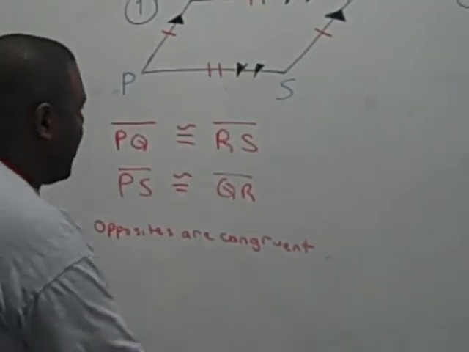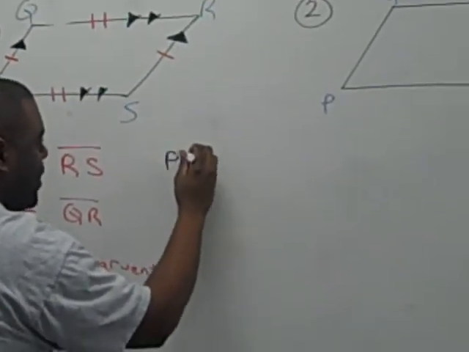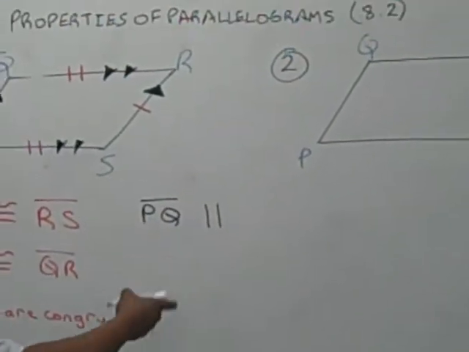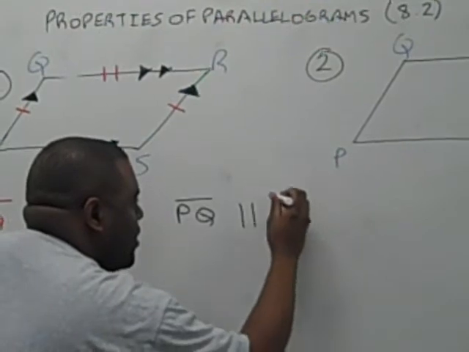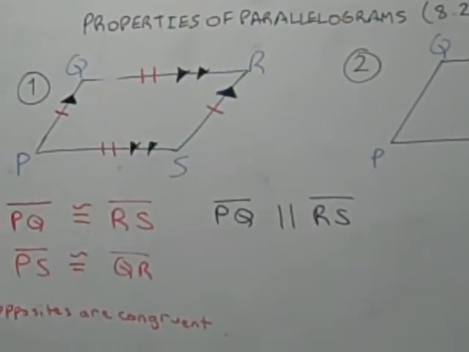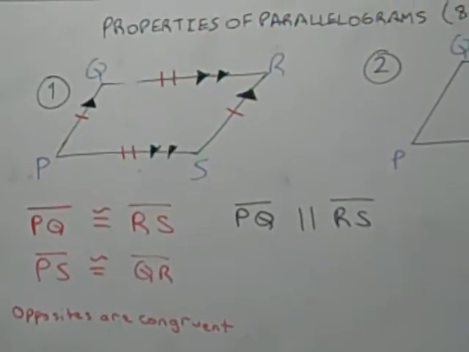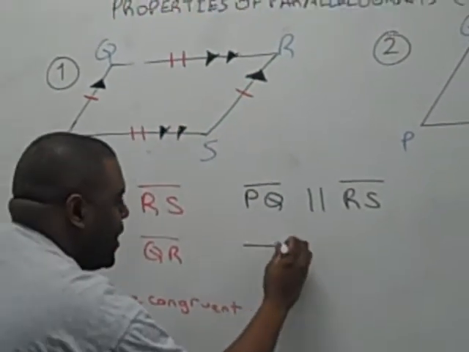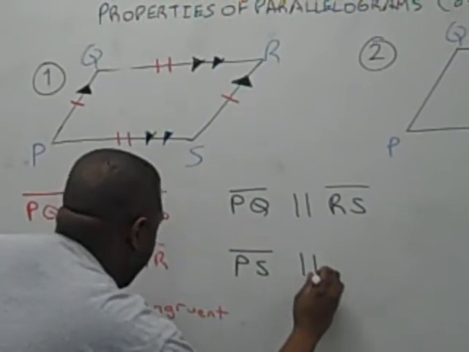So I'm also going to mark here that PQ is parallel, remember the two lines being parallel, to RS, good initials, those line segments are parallel and congruent, and then also PS and QR.